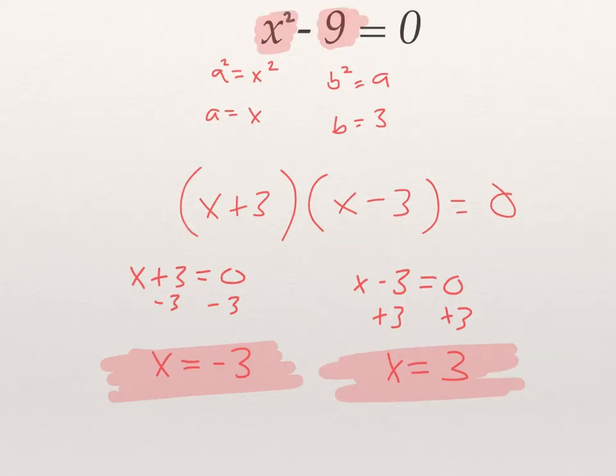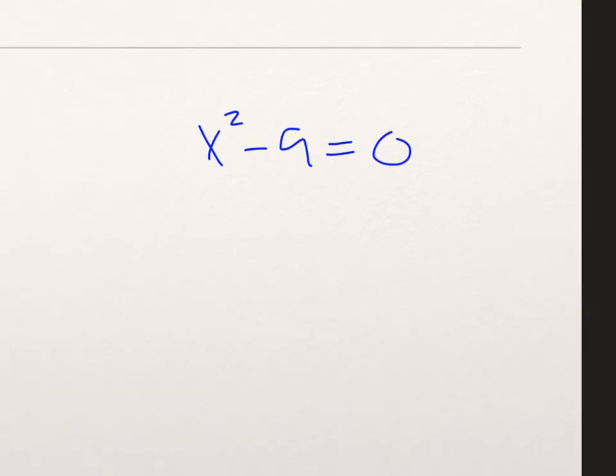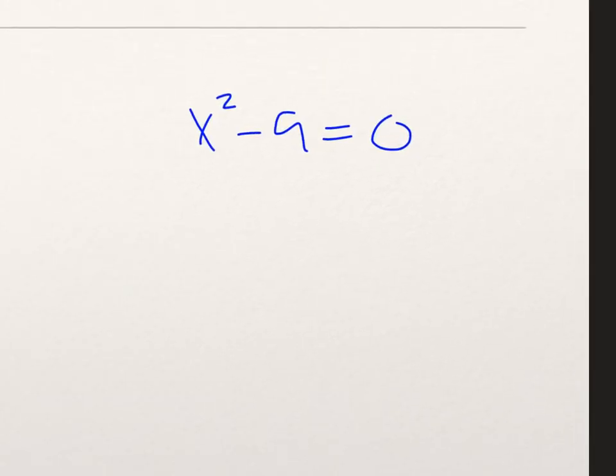Another way we could factor this one is if we had x squared minus 9 is equal to 0. We don't have a middle term, so we could say, what are two factors of negative 9 that add to 0? So what two numbers multiply to negative 9 and add to 0? 3 and?